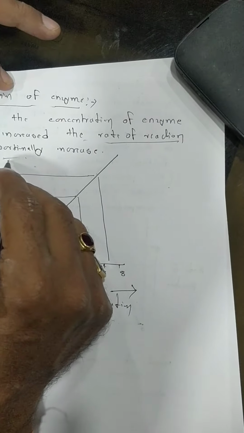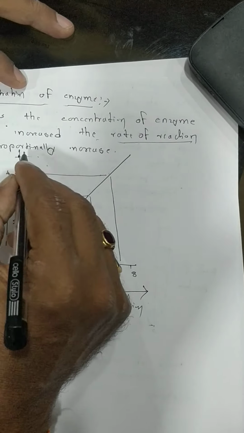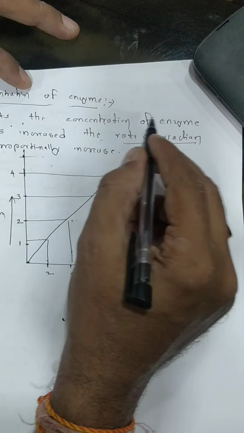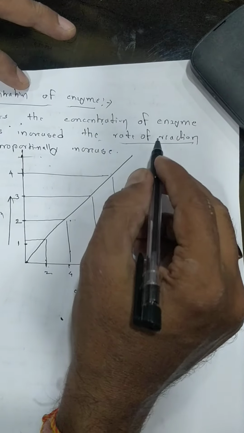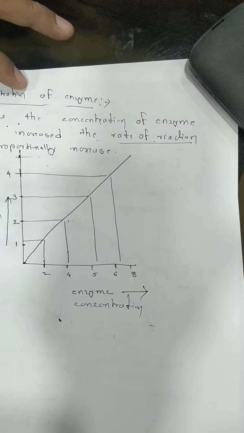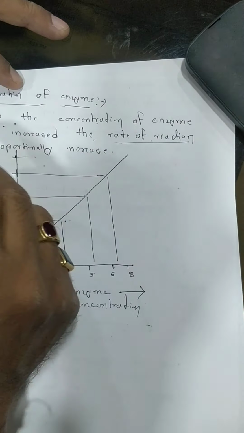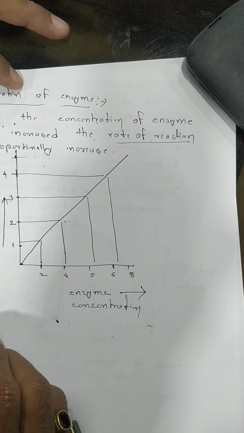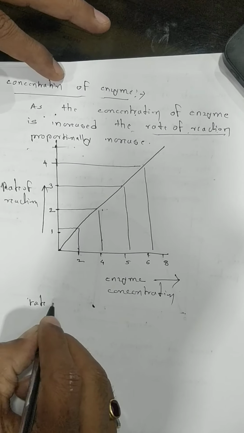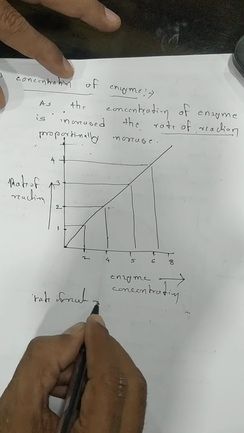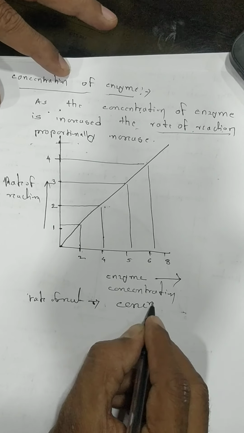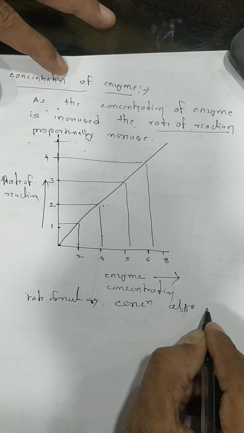It indicates that as the concentration of enzyme increases, the rate of reaction is directly proportional, meaning the rate of reaction increases as the concentration also increases.